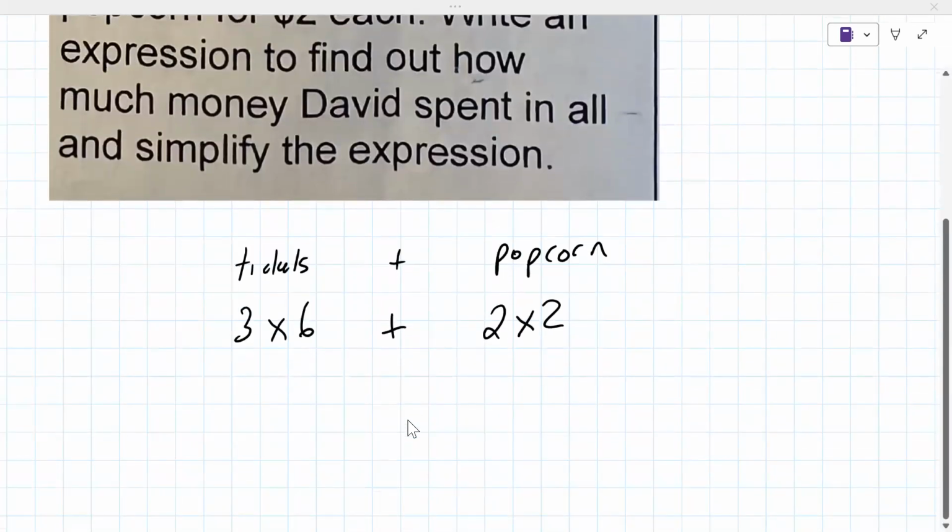Times 6 is 15 plus 22. I think that'll be it. 22, yeah, with the dollar symbol would be good because it is money.